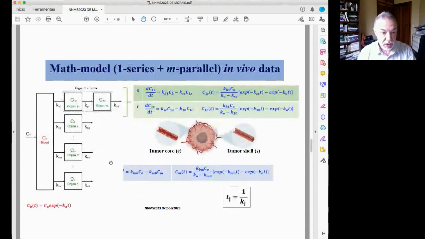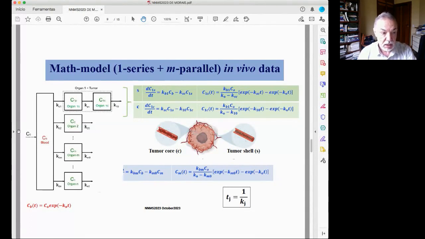So in this regard, I want to show you a real experiment. We did an experiment. We analyzed a system like a combination of one compartment in series and coupled to this one compartment in series, we have two compartments in parallel.